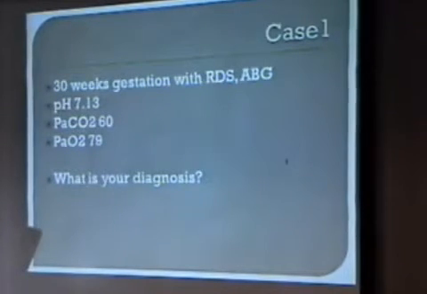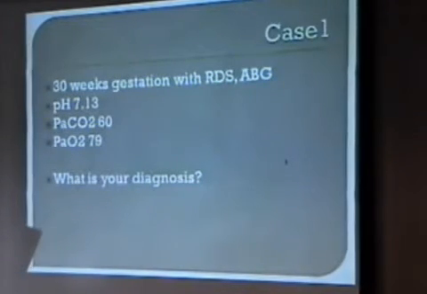So each 10 CO2 up will decrease pH by 0.08, and 20 up will decrease the pH by 0.16. Normal pH is 7.4, subtract 0.16, then it should be 7.24. But this is not 7.24, this is even lower, which means there is also metabolic acidosis.